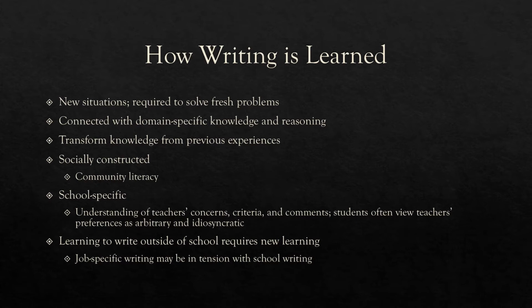Writing is also learned socially. Though often writing is an individual process in the moment where you're actually writing yourself, what you're basing your knowledge of writing on comes from social situations. There's something that he talks about called community literacy, and a lot of times in schools, students are asked to abandon their community literacy.